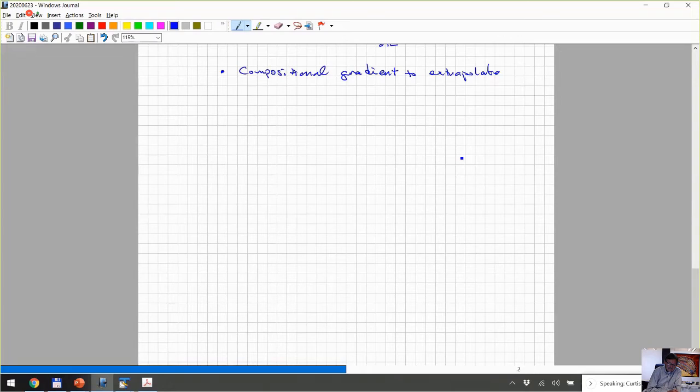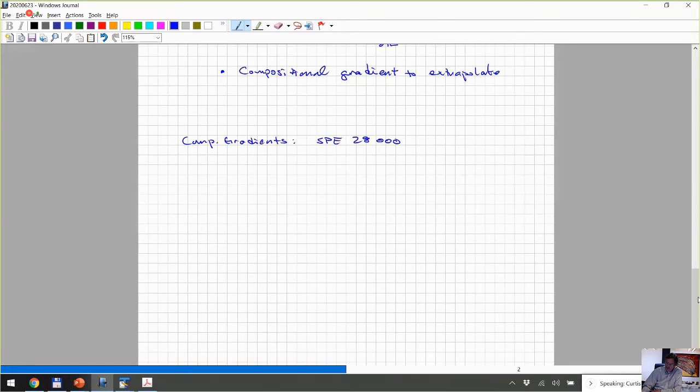Yeah. So when it comes to compositional gradients, this is really a topic for Friday, but I'll just make a quick comment here. I'd start by looking at this paper, just to get general information about compositional gradients.